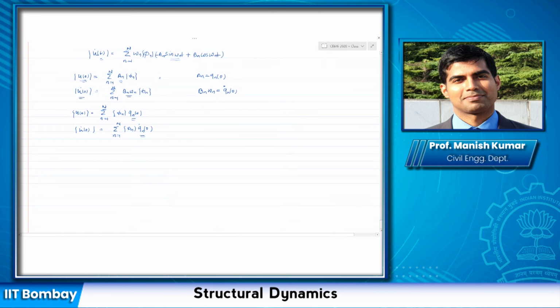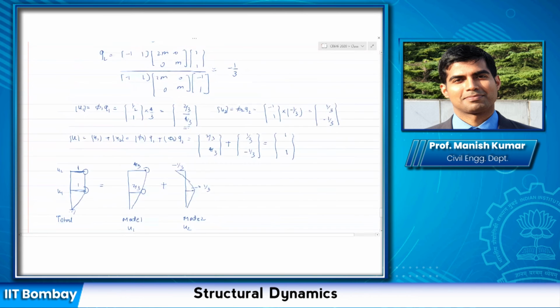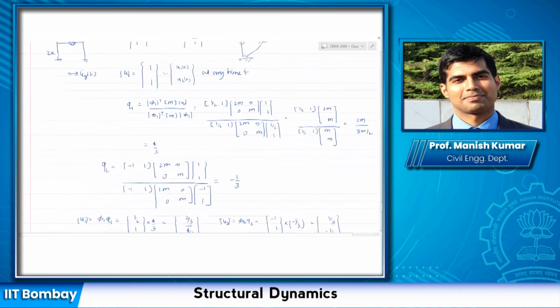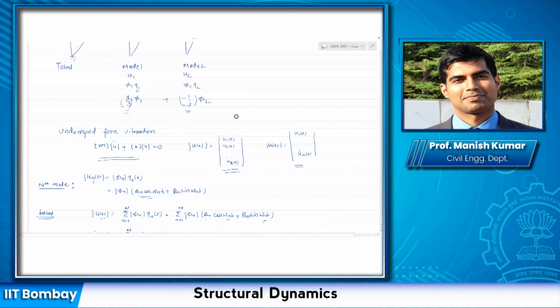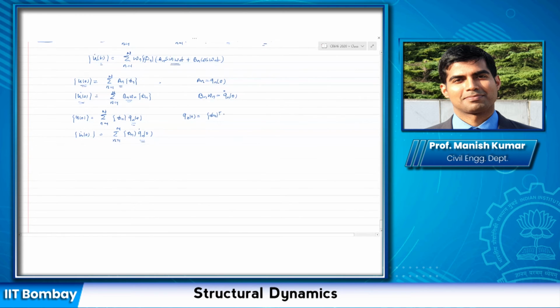These factors are nothing but what we have found out earlier in the subsequent example for q_n. The only thing is that now u has become u0, so I will just write it in the same form. So my q_n of 0 has become phi n transpose times m times the u0 vector, divided by M_n.